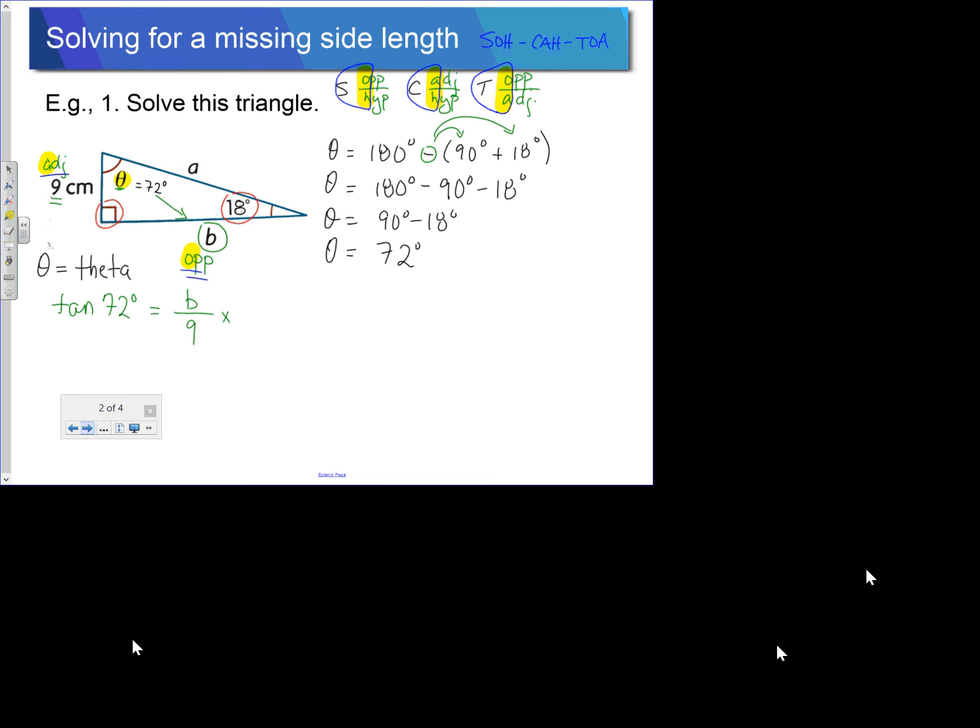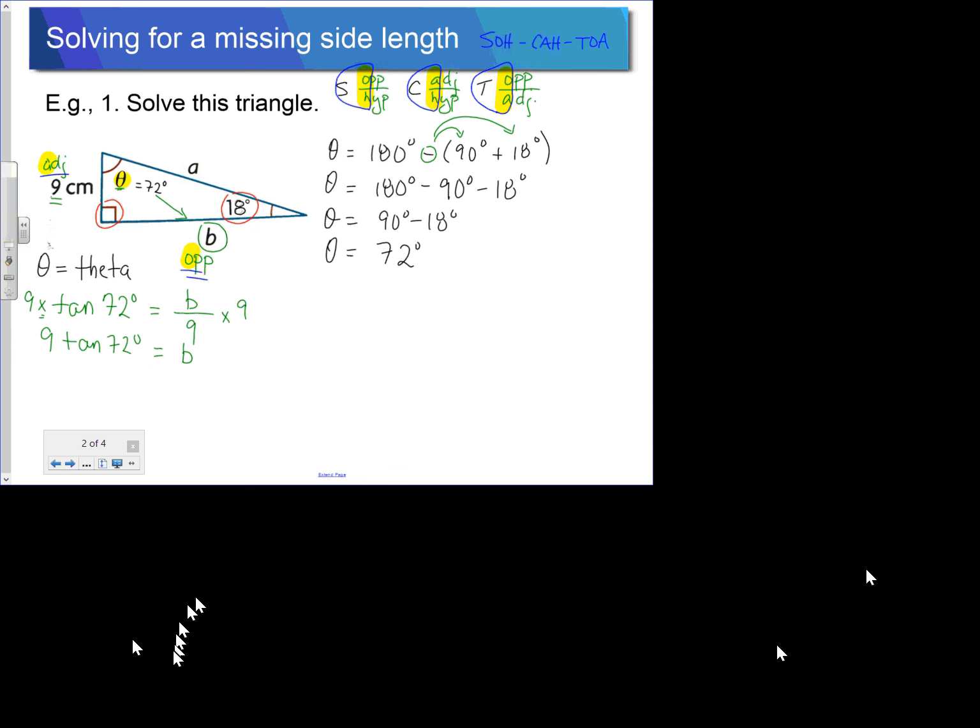So to isolate B, we must multiply by 9. And what we do to one side, we do to the other. Notice that I've used a multiplication symbol here. It's perfectly fine to write 9 tan 72 as it's understood that we are multiplying there. And here we end up with B.